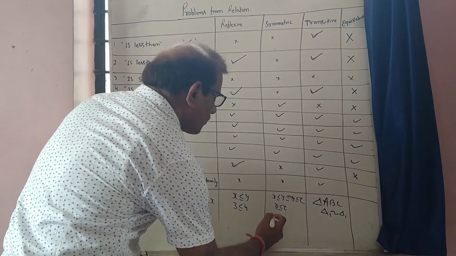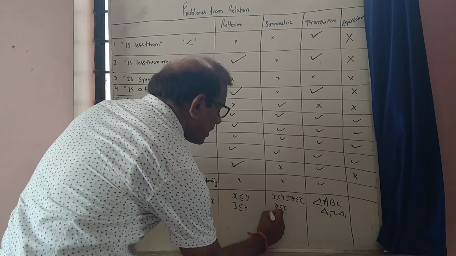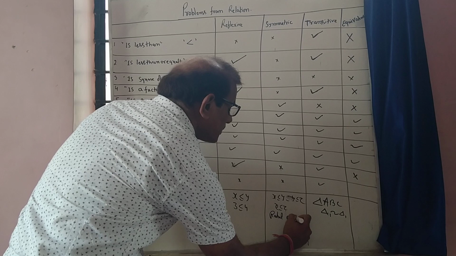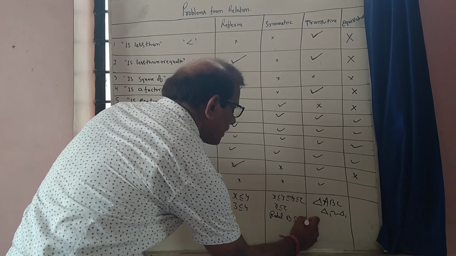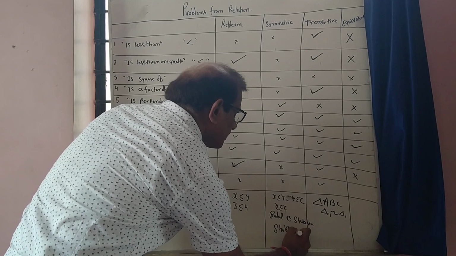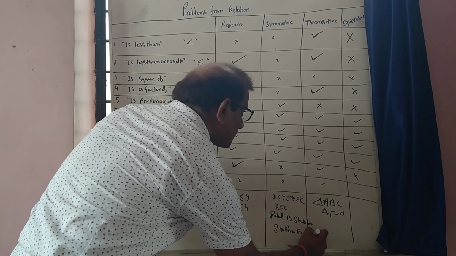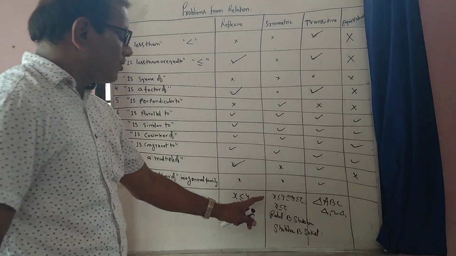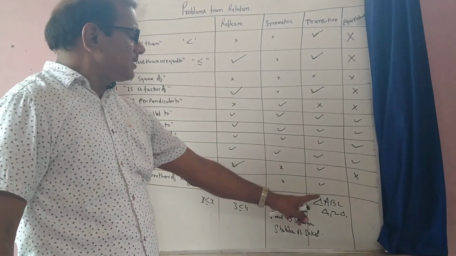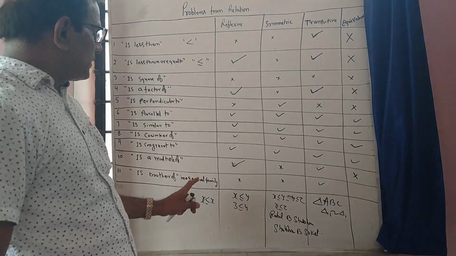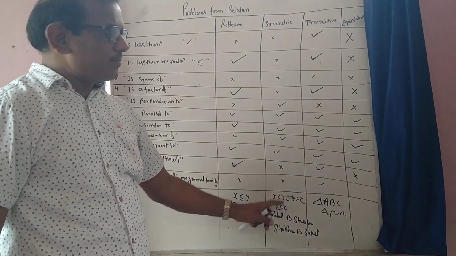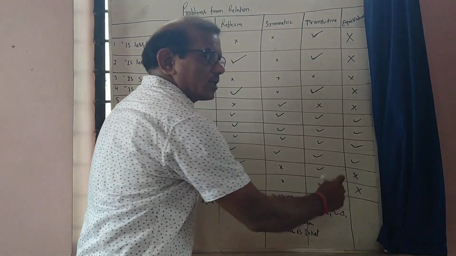Rahul is a brother of Subham, and Subham is a brother of Saket. So therefore Rahul is also a brother of Saket. So brother of relation is a transitive relation. So brother of relation in a general family is transitive only, neither reflexive nor symmetric, so it cannot be an equivalence relation.